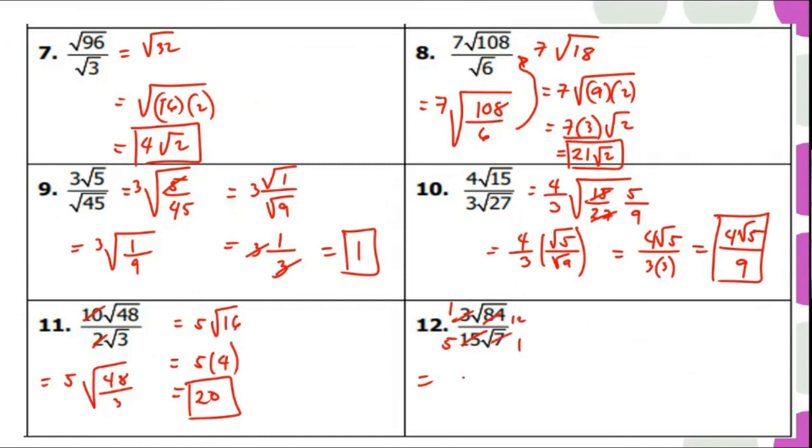So now it is the square root of 12 over 5. And square root of 12 is the same as square root of 4 times 3 over 5. Now it will lead us to square root of 4 is 2, square root of 3 all over 5. So this will be the final answer.